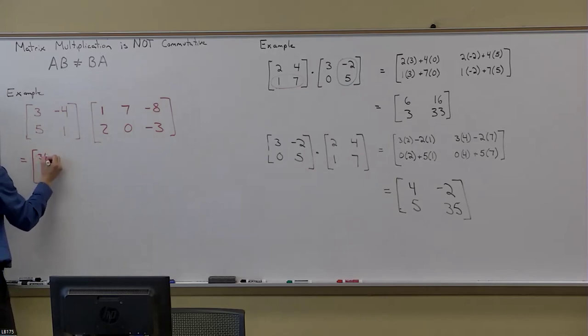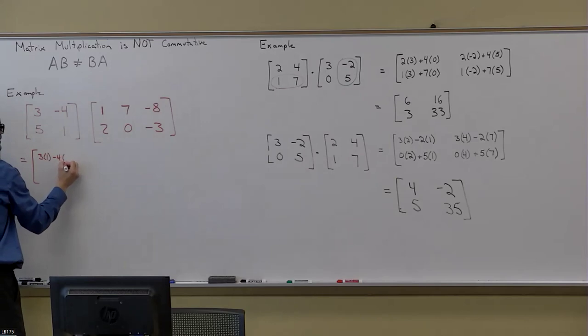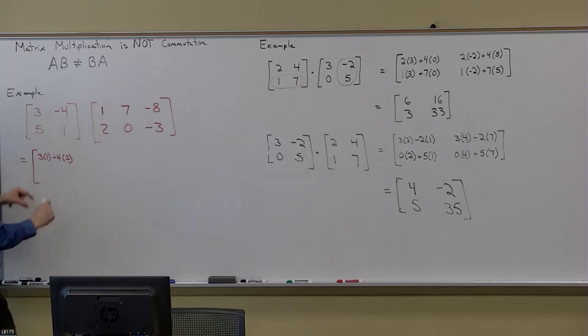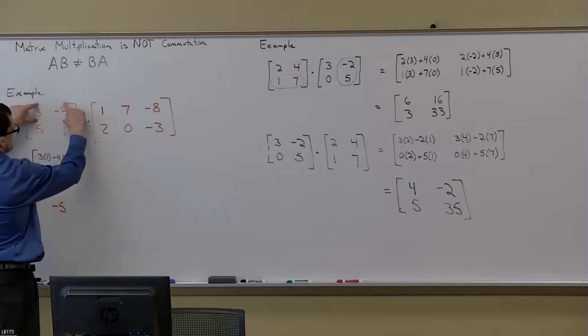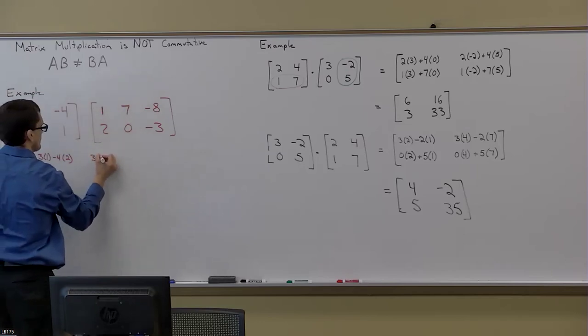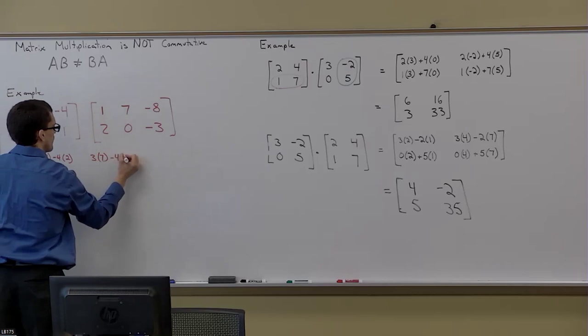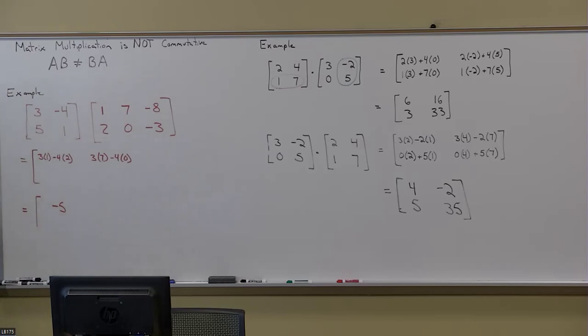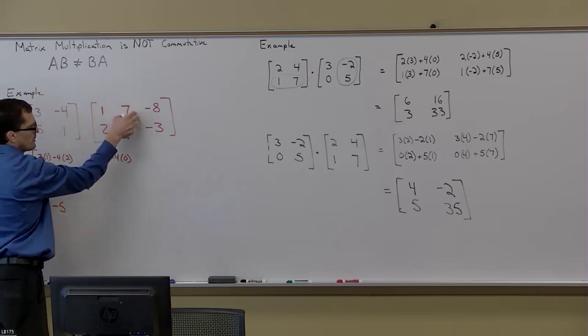I'll write them down: 3 times 1 minus 4 times 2. That's my first multiplication. By the way, that would give me -5, I believe. 3 times 7 minus 4 times 0. Again, that's what I visualize doing: grabbing this row, turning it vertical, putting it on top of the column.